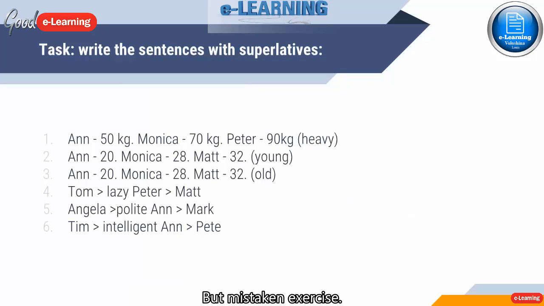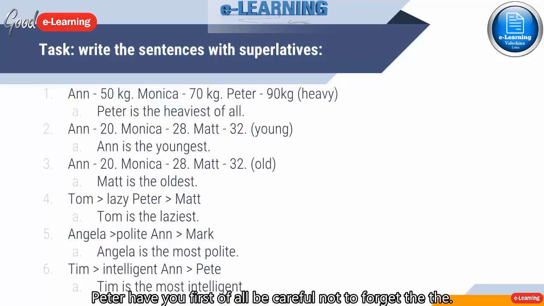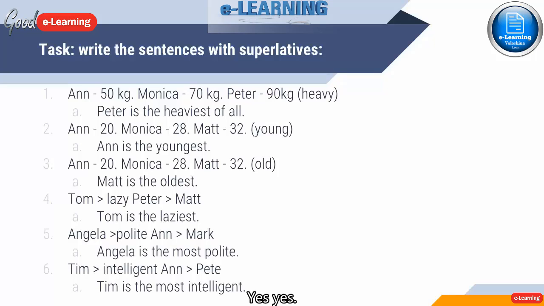Good. The second exercise, here you needed to write sentences with the superlative forms of the adjectives. Peter is the heaviest of all. Be careful not to forget the heaviest of all. Anne is the youngest, or Anne is the youngest of all.